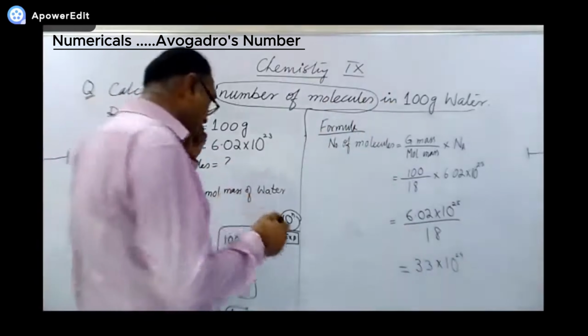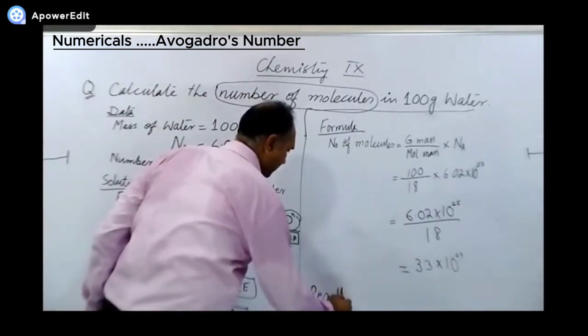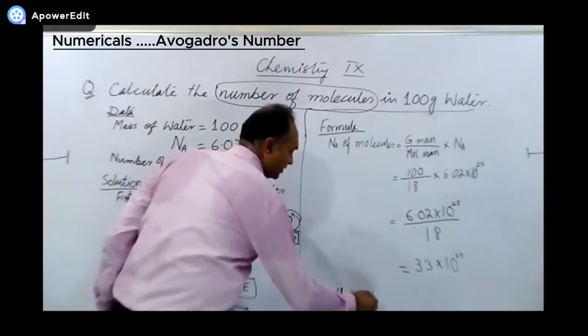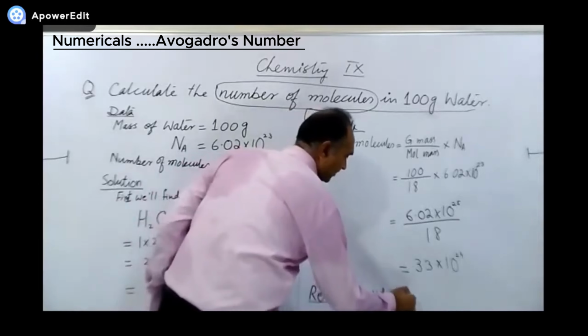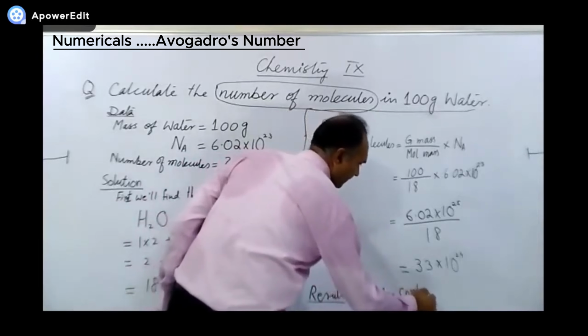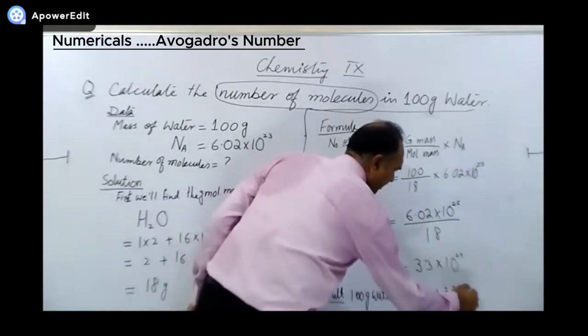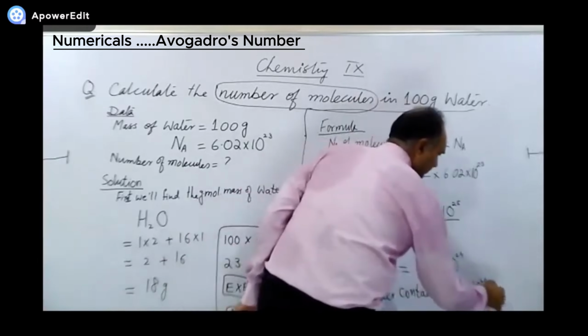And then what will you do in the result? You write in the result that 100 gram water contains 3.33 into 10 to the power 24 water molecules.